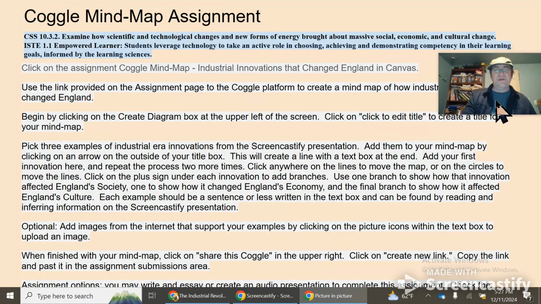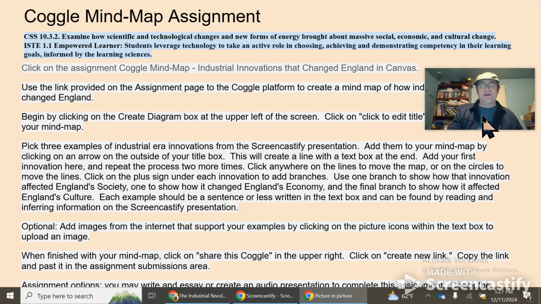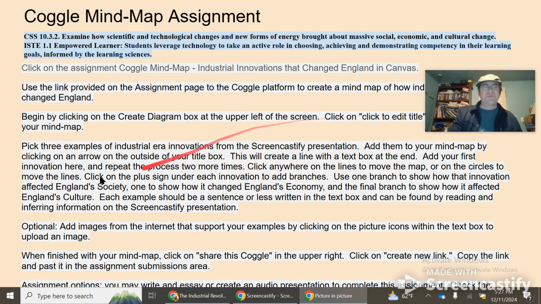The second assignment is looking at how industrial era innovations changed the culture, the society, and the economy of England. So this is a Coggle mind map assignment, and we're looking at standard 10.3.2, examine how scientific and technological changes and new forms of energy brought about massive social, economic, and cultural change, and ISTE 1.1, Empowered Learner.